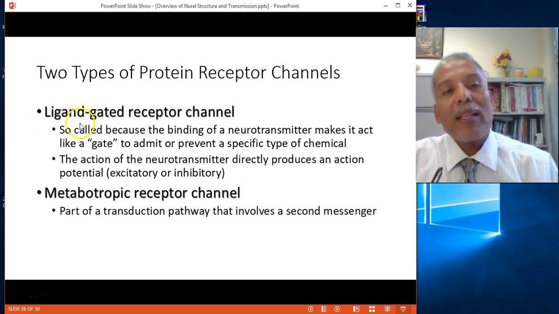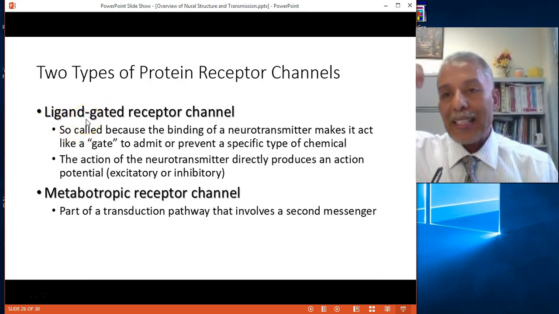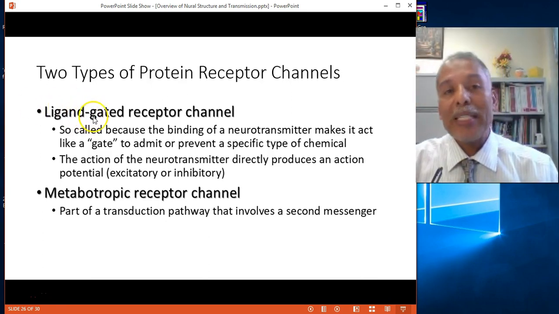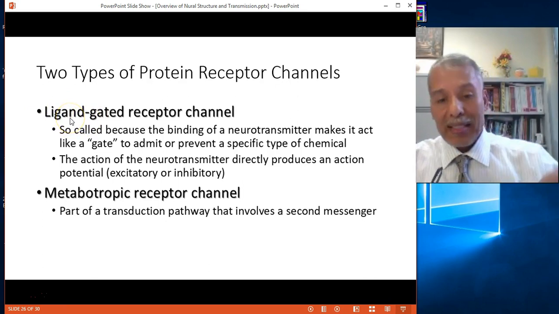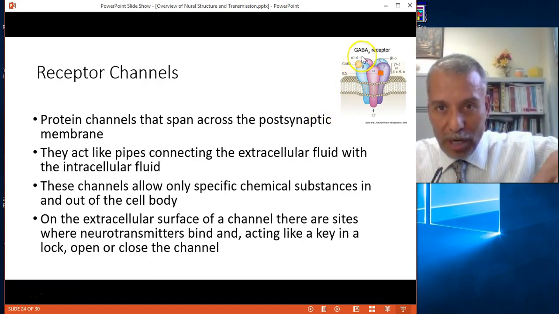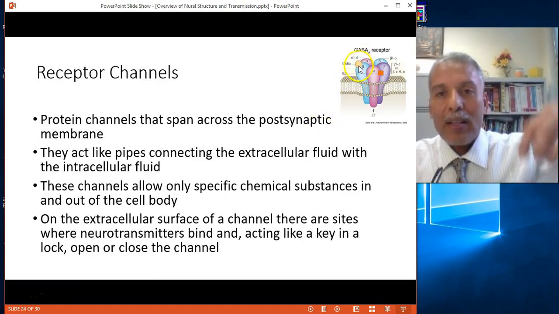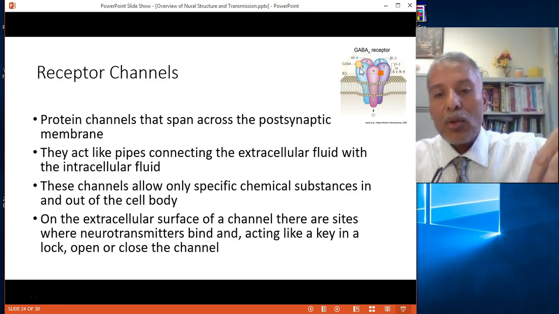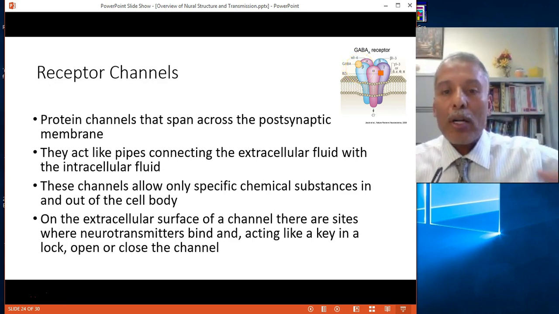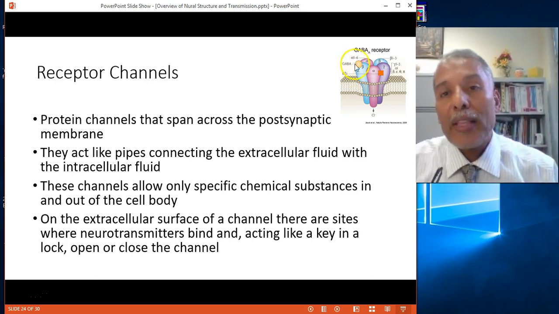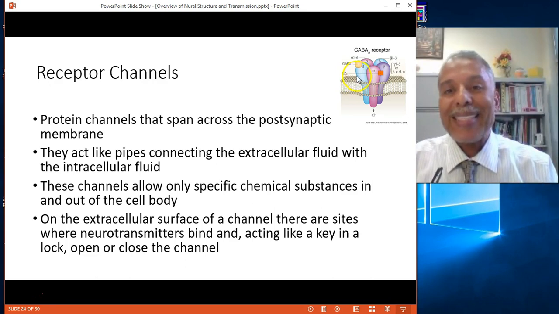So a ligand is the thing that ties itself to, that connects onto the receptor. Ligand gated means when you have a ligand, the neurotransmitter, docking on the surface of the receptor channel, it is going to activate the channel, to close or open it. So in that case, we call it ligand gated.